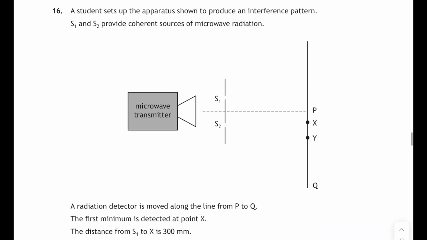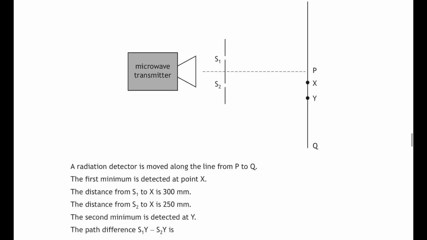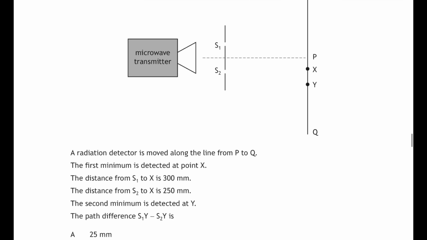Question 16. A student sets up the apparatus shown to produce an interference pattern. S1 and S2 provide coherent sources of microwave radiation. So our microwaves are going through two slits, and we're told a radiation detector is moved along the line from P to Q, and the first minimum is detected at point X, and the distance from S1 to X is 300 millimeters.